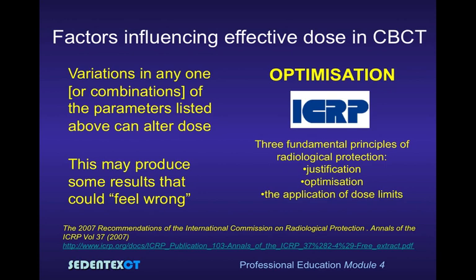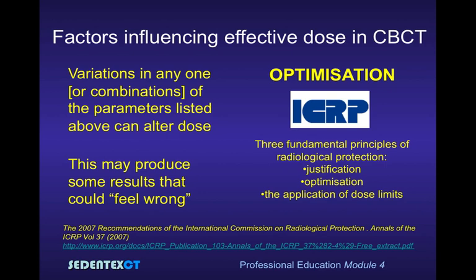For example, having a large field of view may not necessarily give a higher dose than a small field of view, because the resolution of the examination may be lower for the larger field of view. So one factor is tending to increase the effective dose, and another factor will be reducing it.